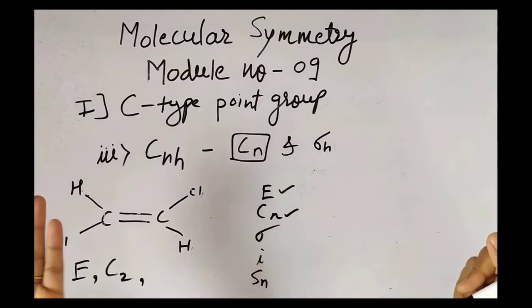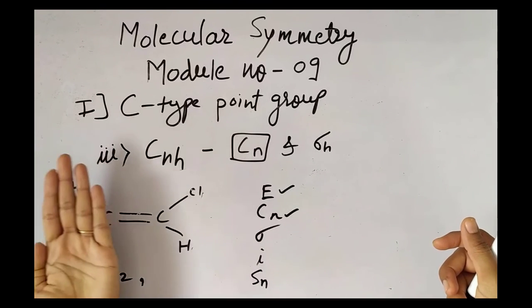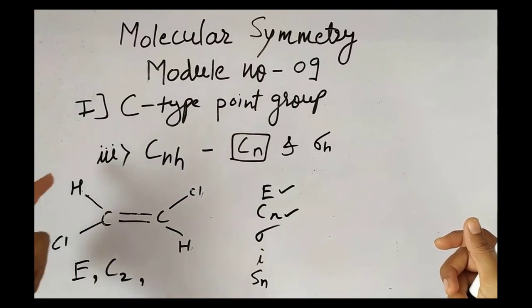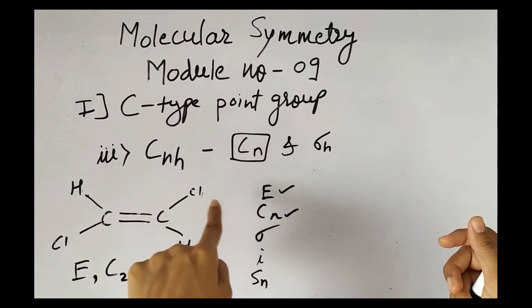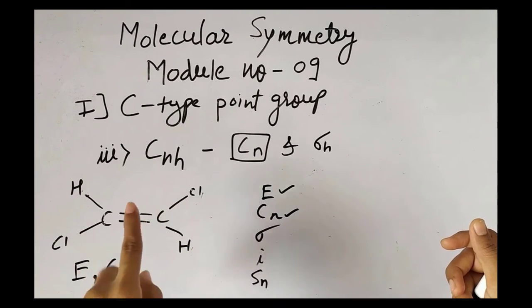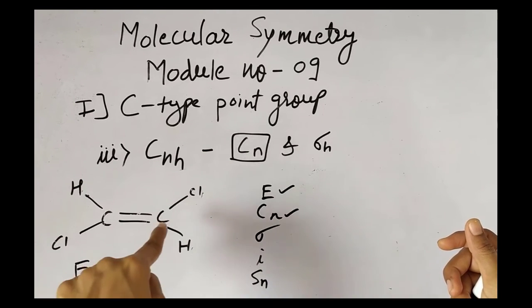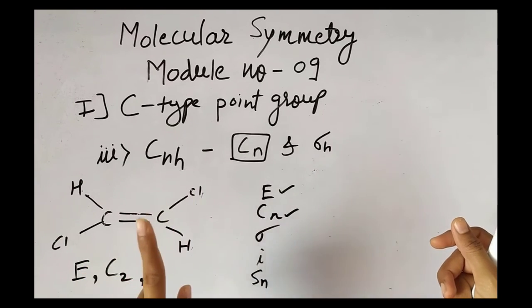We have seen already what kind of plane is present in this: the horizontal plane, where the molecule will get cut equally into two equal halves. Every atom will overlap with its own half.